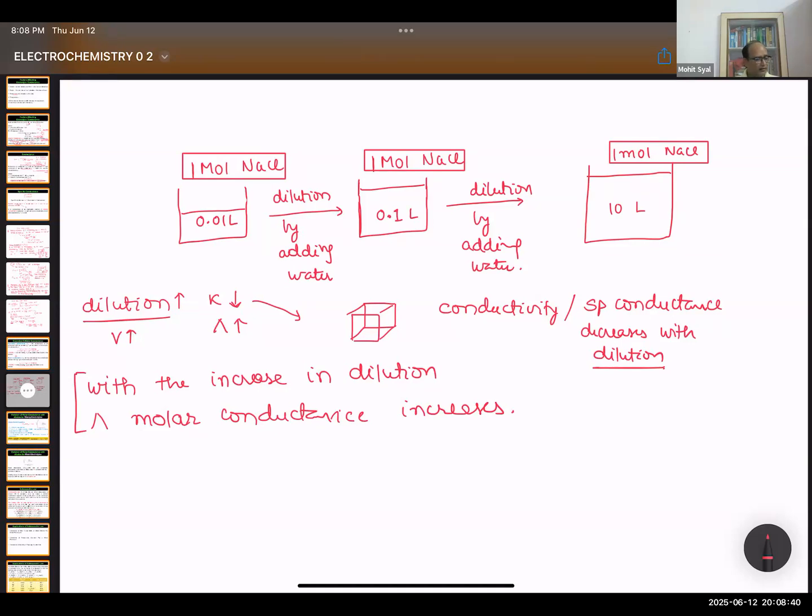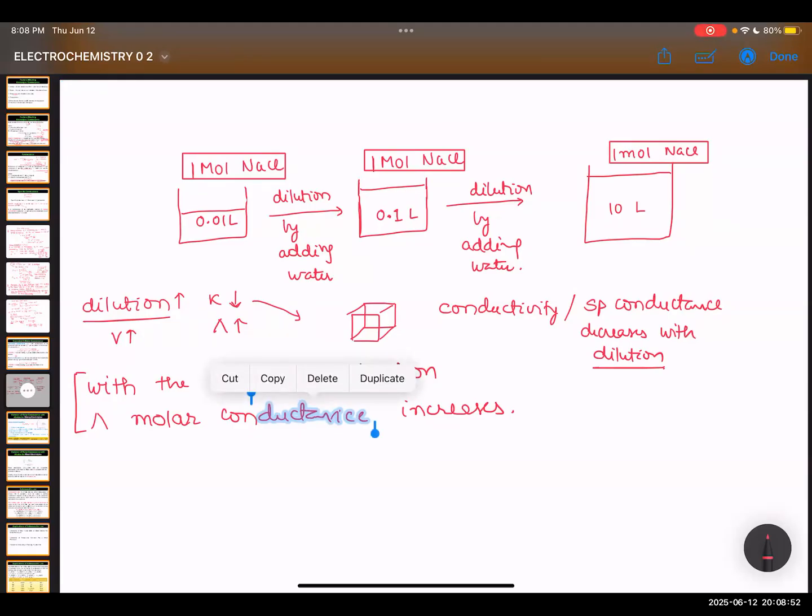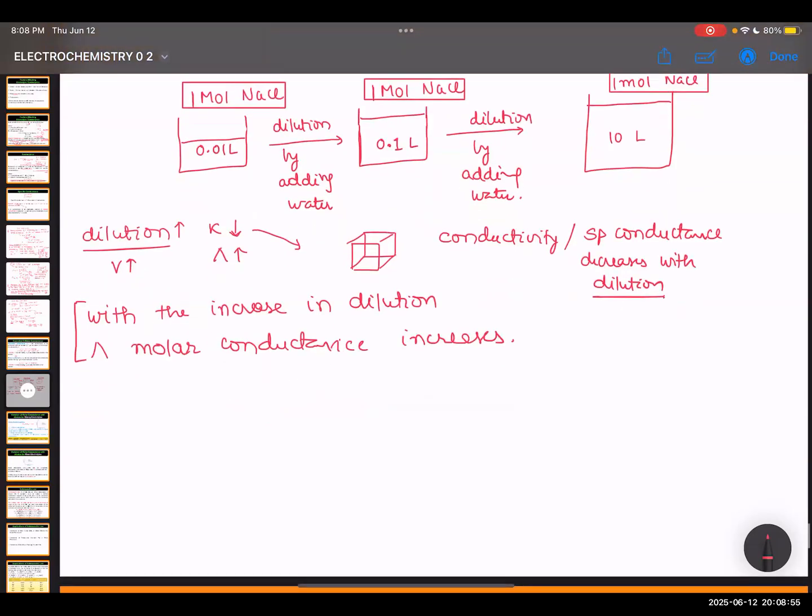In order to understand the reason, we have to look at the electrolyte in 2 different ways. Okay, the electrolyte can be strong electrolyte or it can be weak electrolyte. So why the molar conductance increases with addition of water, Aisha? What could be the reason?